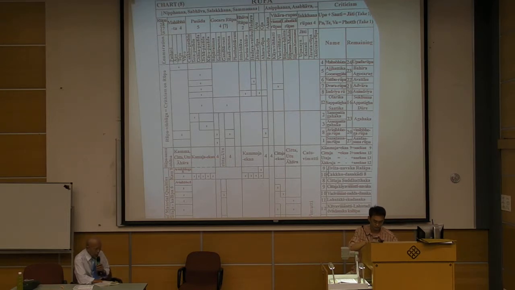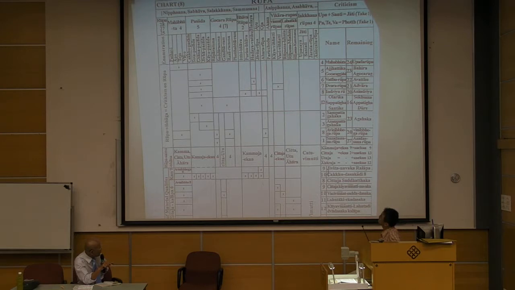So please look at number 6 on page 242. So we say we have 15 Cittaja rupas produced by consciousness. So they are the 2 Cittaja Ekaja rupas and 13 Cittaja Anekaja rupas. So again, that is described in this chart here. So we say the Cittaja rupas amount to 15, 2 plus 13.